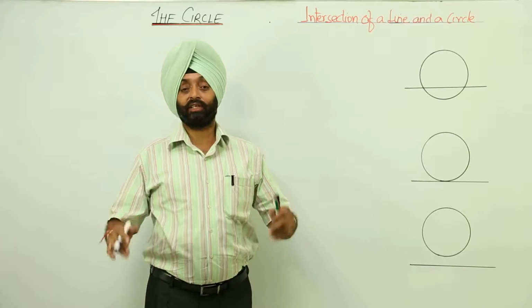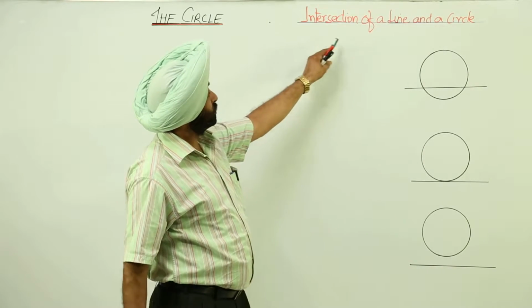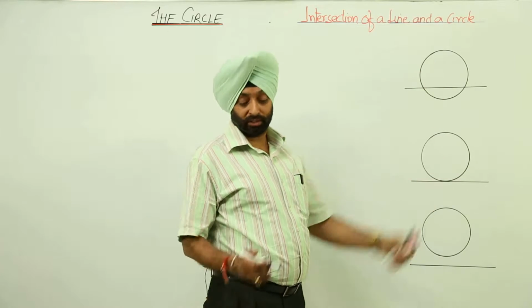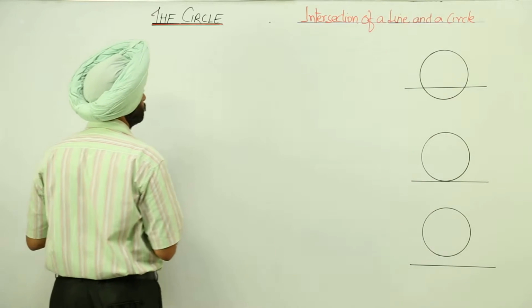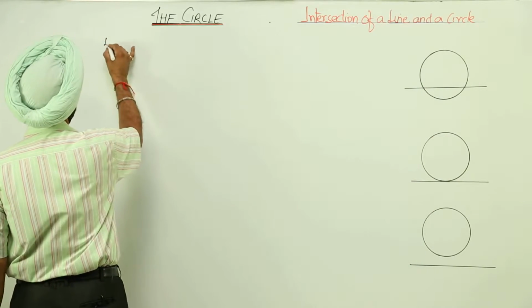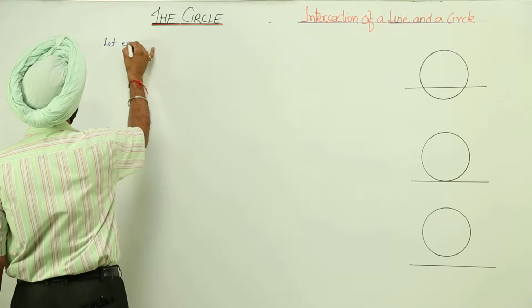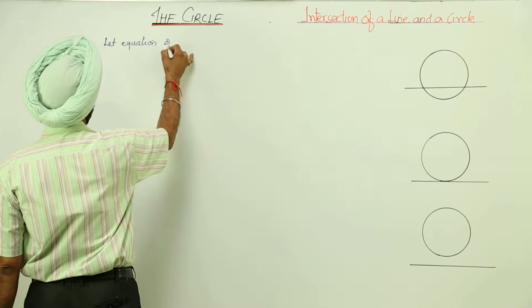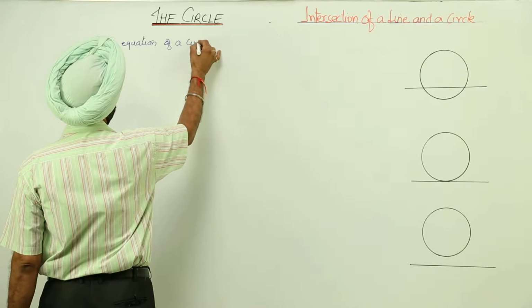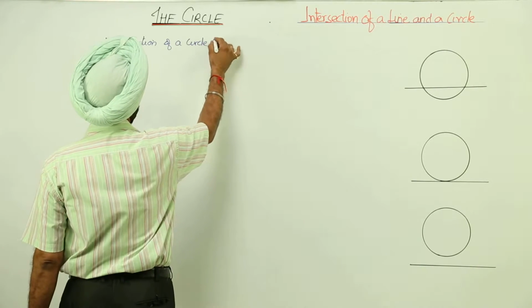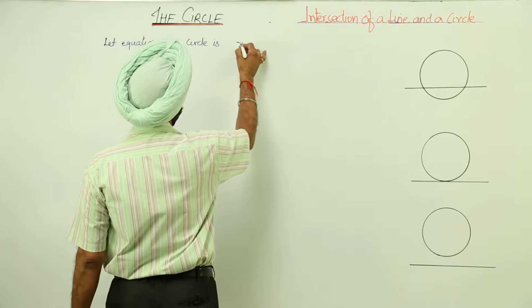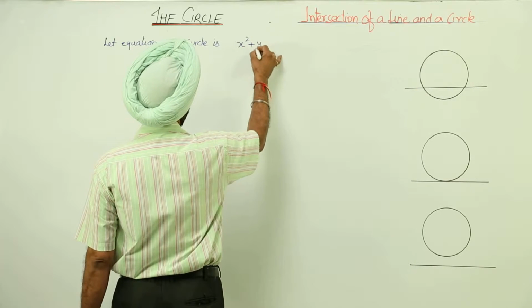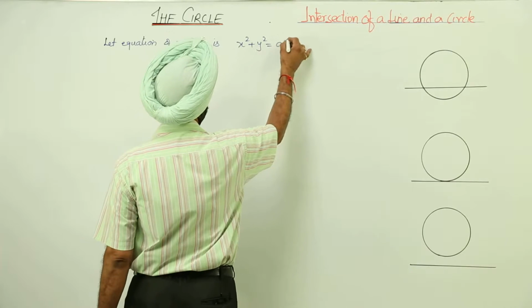The next interesting topic is intersection of a line and a circle. Now, let the equation of a circle be x square plus y square is equal to a square.